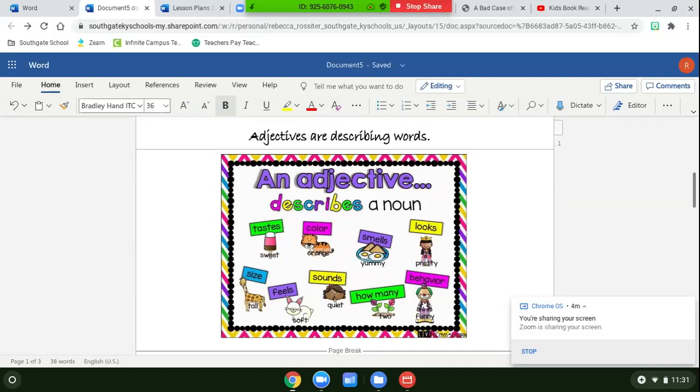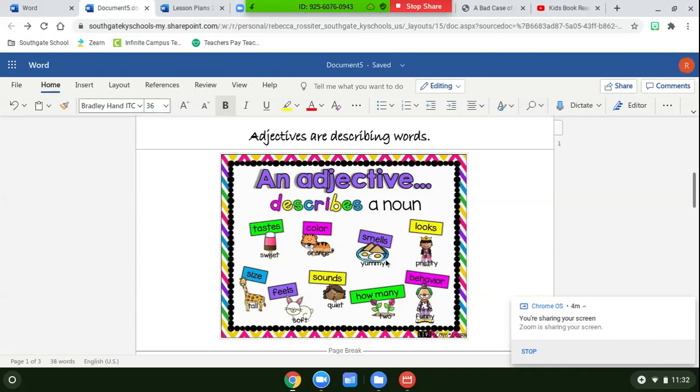And so we also use adjectives to describe those things, to tell about them in some way. And as you can see on the slide, we can use adjectives to tell about lots of things. We can tell how something tastes, like this sweet popsicle. We can tell what color something is, like this orange cat.